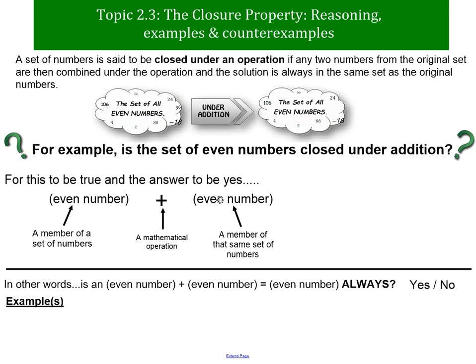So you take an even, you add another even number, and then the mathematical outcome is an even number always. Meaning like, I take an even number, I use addition, I add another member of the set, another even number, I'm always going to get an even number. So, in other words, is an even number plus an even number equal an even number always?